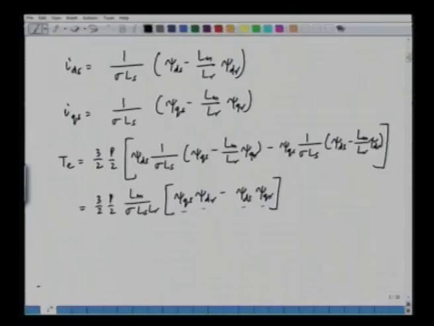Now, the purpose of writing this is that we can substitute these fluxes in the original torque equation. The torque equation has the expression psi qs psi dr minus psi ds psi qr.